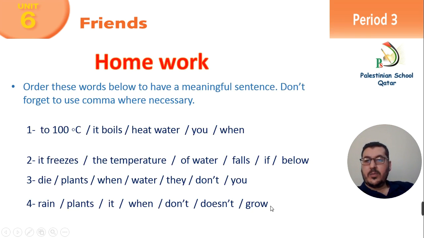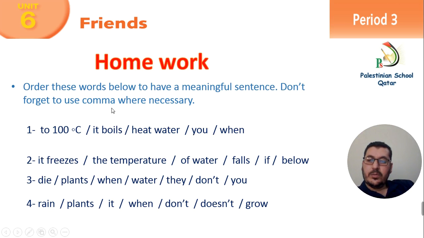Now we come to the homework. Order these words below to make a meaningful sentence. Don't forget to use a comma when necessary. Number 1: to 100 degrees centigrade, it boils, heat water, you when.